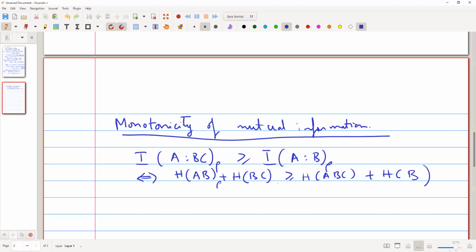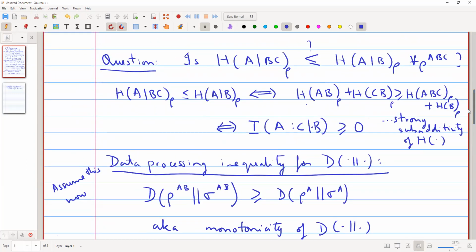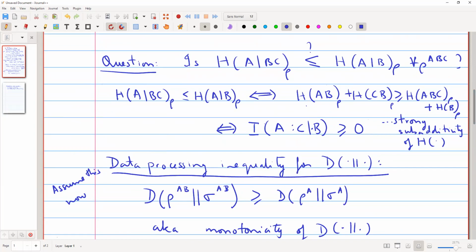As you can see, the monotonicity of mutual information is nothing but strong subadditivity. Everything that we discussed a few minutes ago was related to strong subadditivity, which is the same as saying conditional mutual information is positive, which is saying that further conditioning only reduces the entropy.